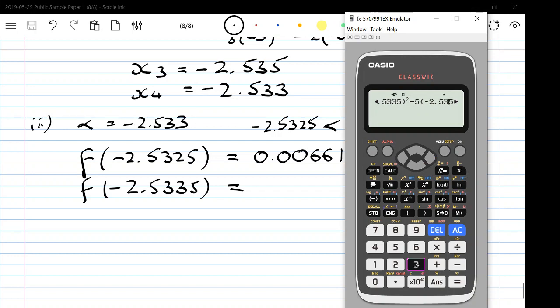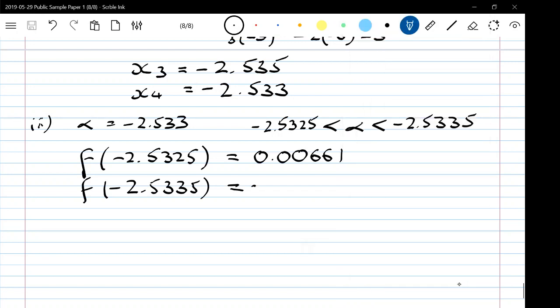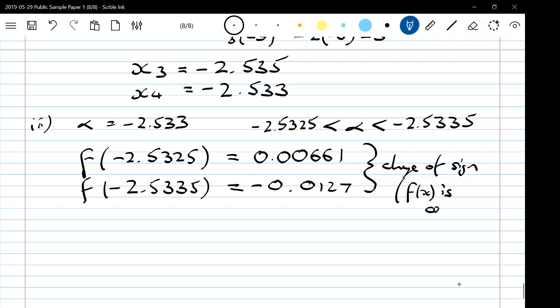And so does that. And that gives me minus 0.0127. Change of sign. F of x is continuous. Therefore, alpha is minus 2.533 to 4 significant figures.